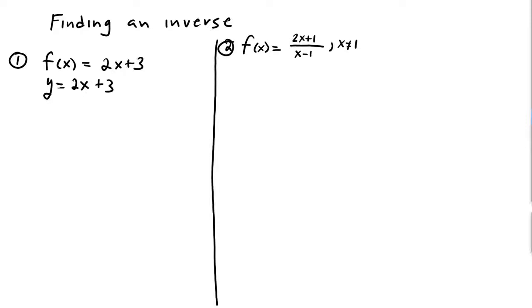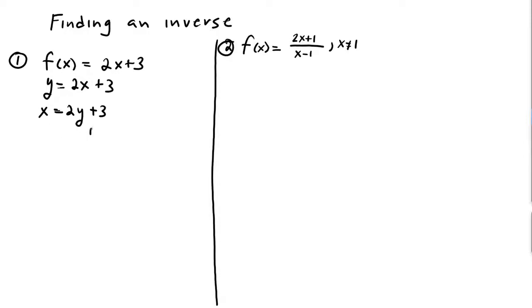So I have to swap the domain and the range variables. So range variables y all become x's, and domain variables x all become y's. Then to get the actual inverse function, I just have to solve for the range variable, solve for y.